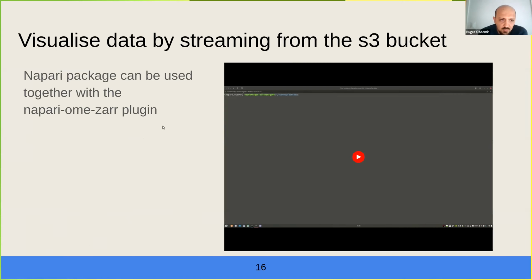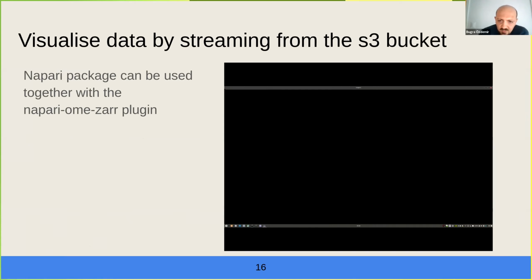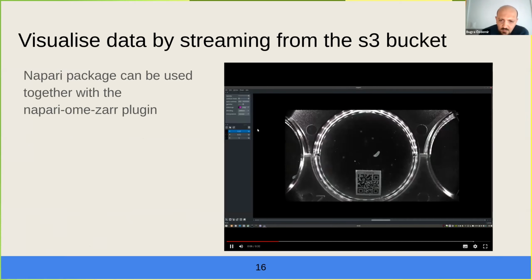Then we can simply use the Napari package for this, using the Napari OME-Zarr plugin, and here you see the data is streamed from the S3 bucket. First it has some interruptions, but then it becomes a fluent movie after some seconds.